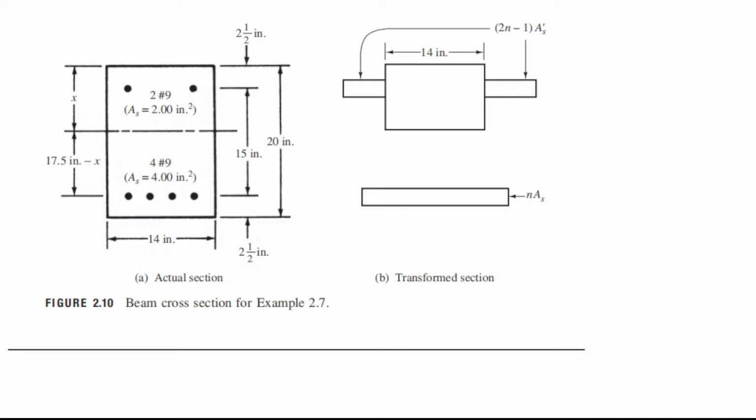The area of the top bars, or the area at the compression side, is what we call As prime.